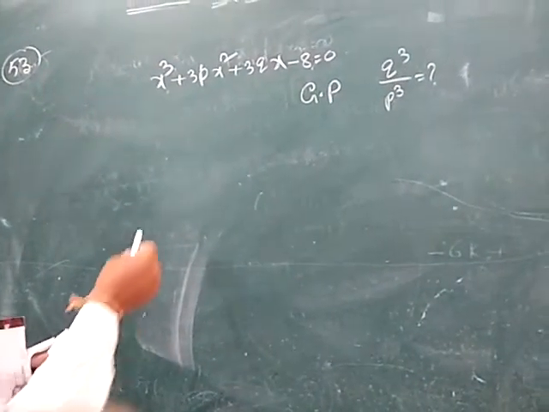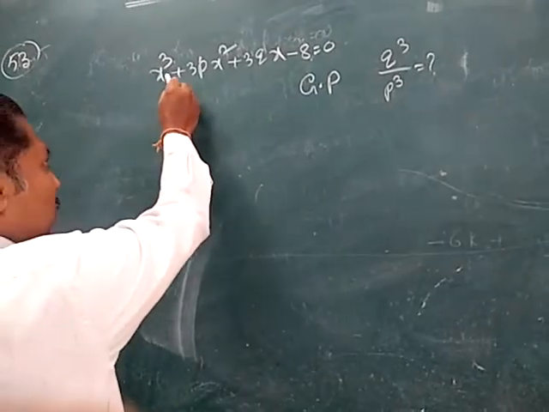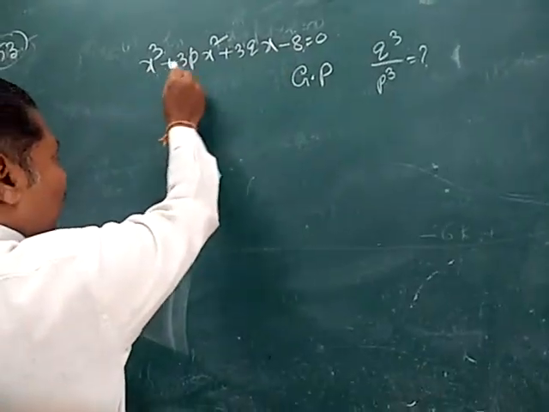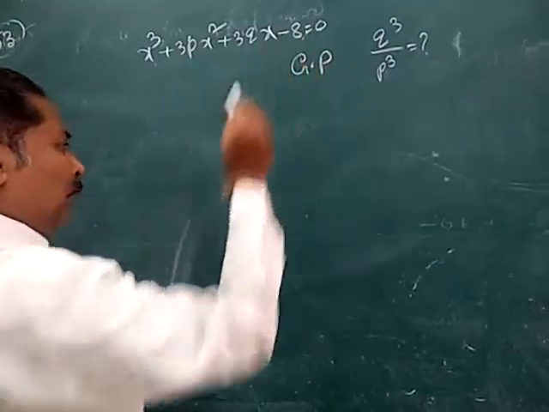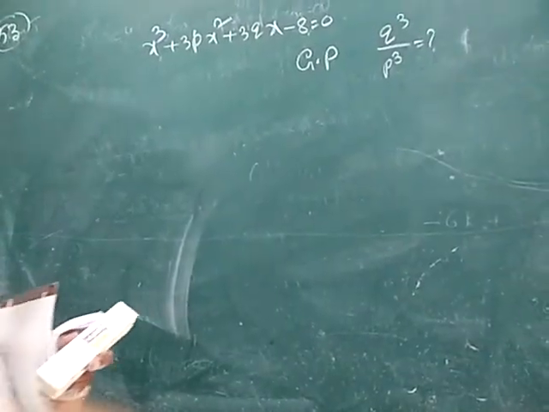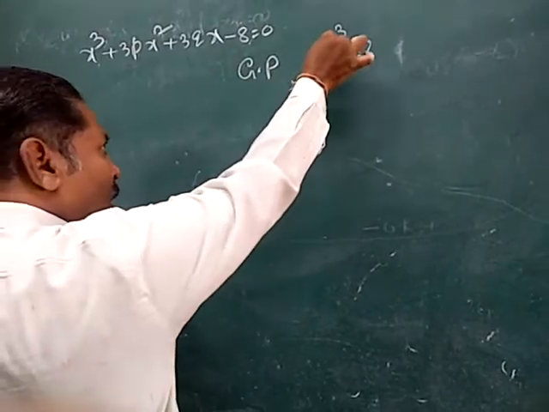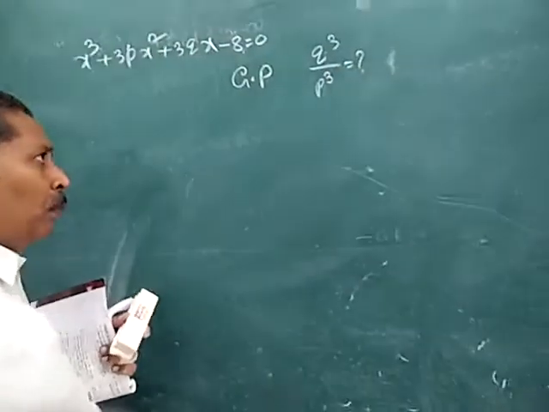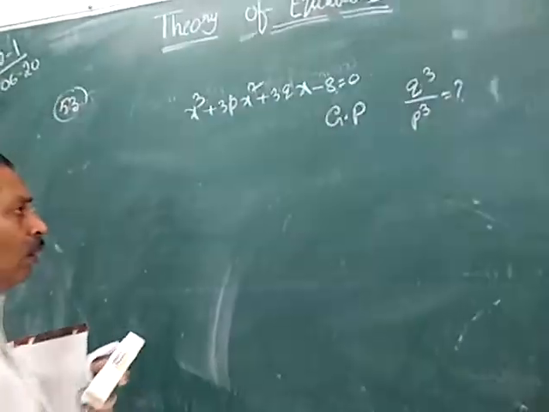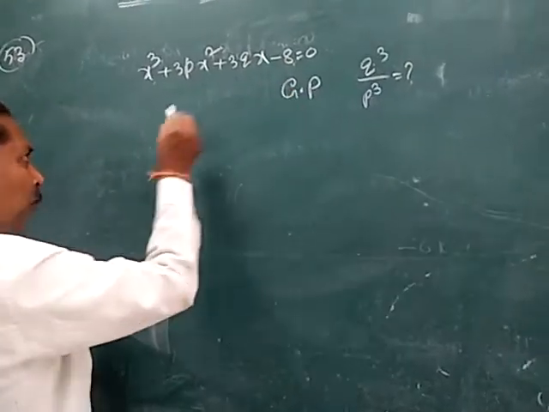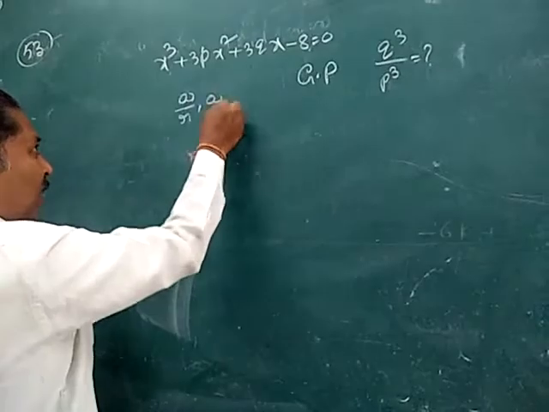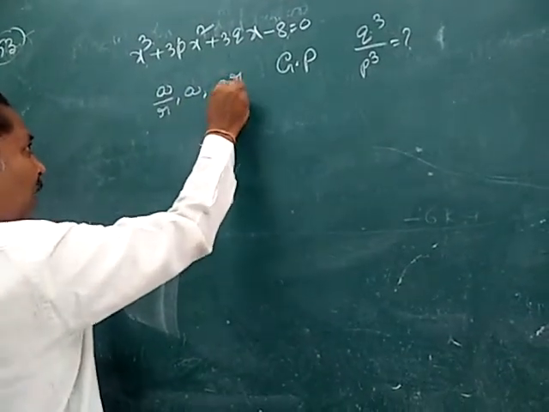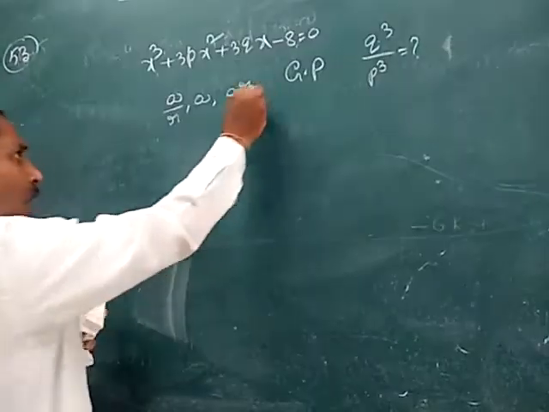Given the roots of this cubic equation are in GP, then find the value of q cube by p cube. Roots are in GP, so take a by r, a, ar as the roots.